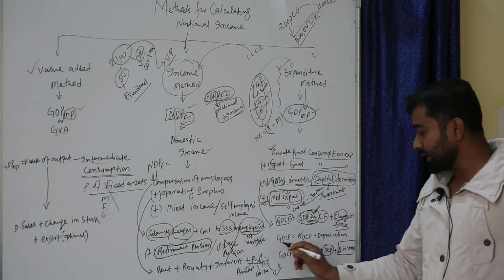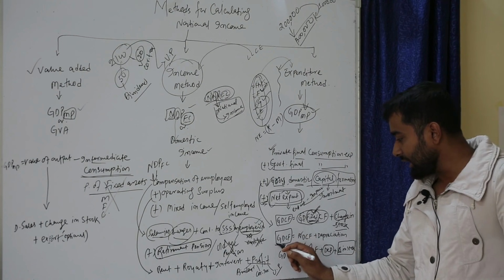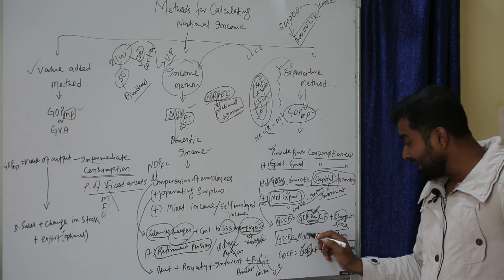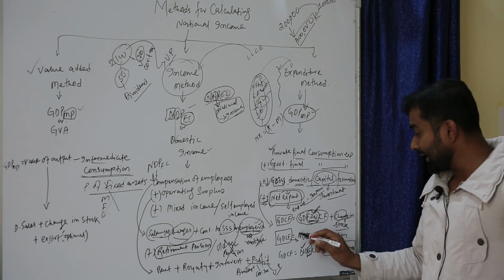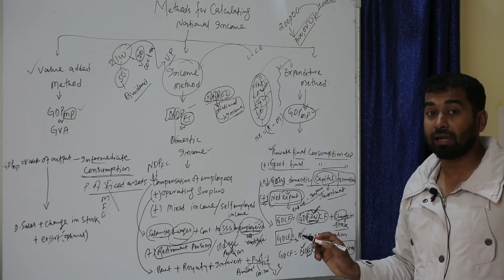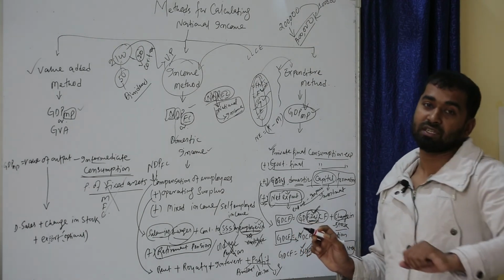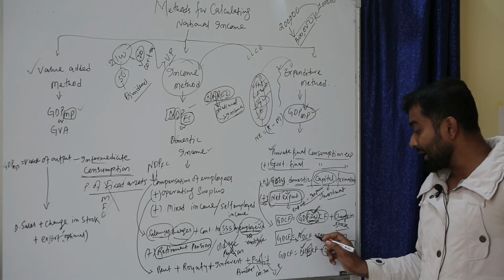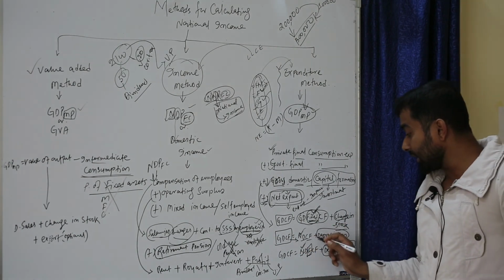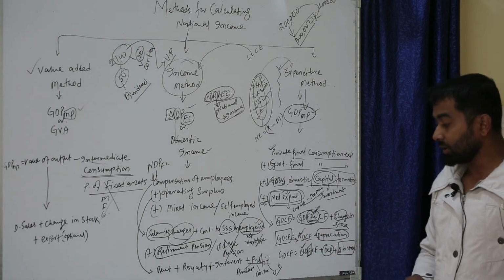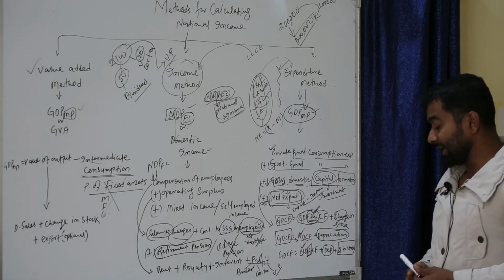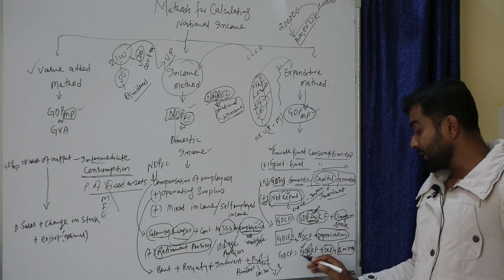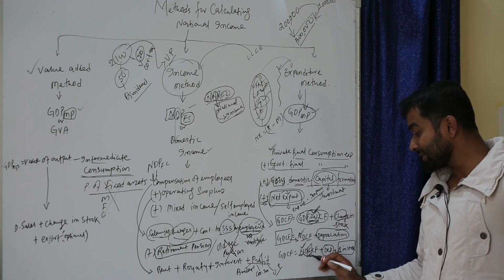Next, gross domestic capital formation is sometimes given in the form of net domestic capital formation. What is the difference between net and gross? The difference is depreciation. So if net domestic capital formation is given to you, you should add depreciation to it, and it becomes gross domestic capital formation. Next, it might be given in the form of net domestic fixed capital formation.